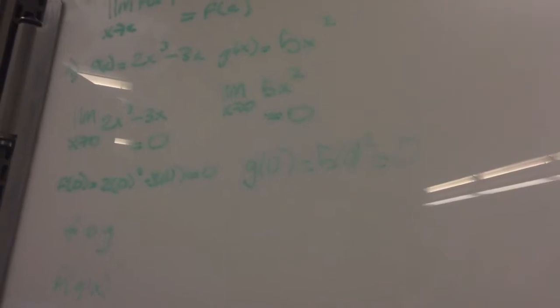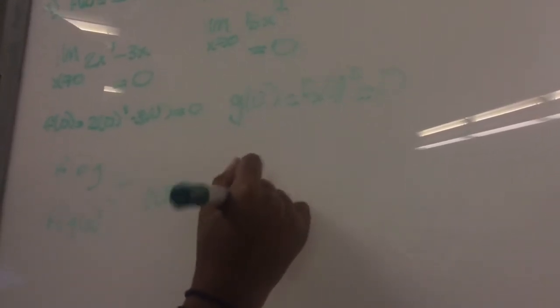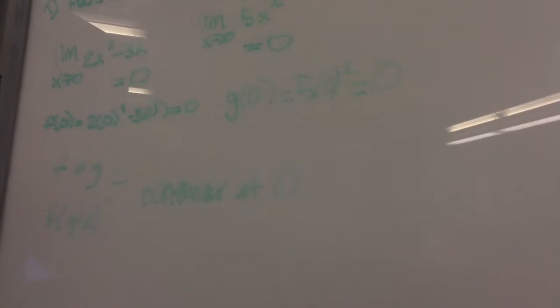So we substitute g for all the x's in here. But we can already tell when you substitute that, it won't make much of a difference, it just makes more exponents. So it shouldn't change whether it's continuous or not at 0. So we know this is still going to be continuous at 0.